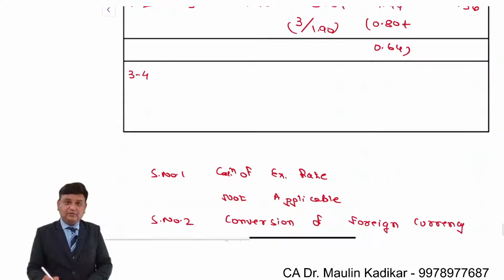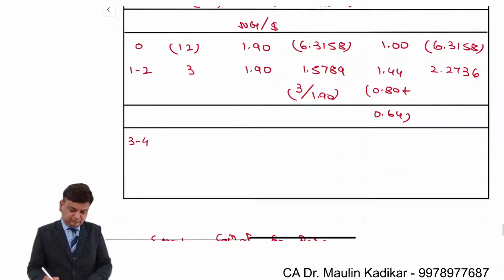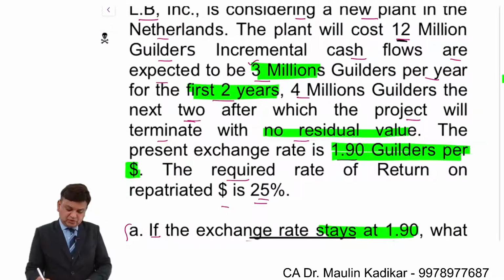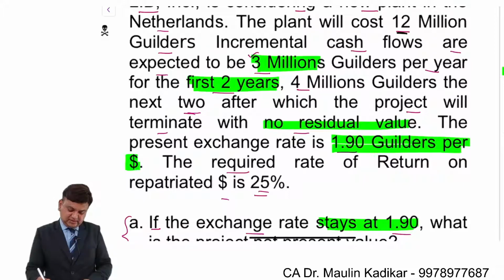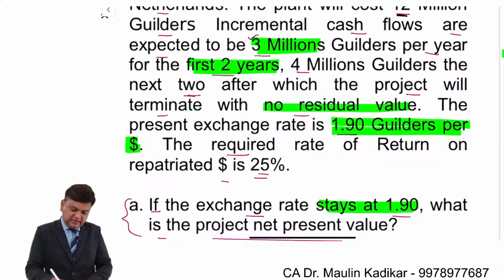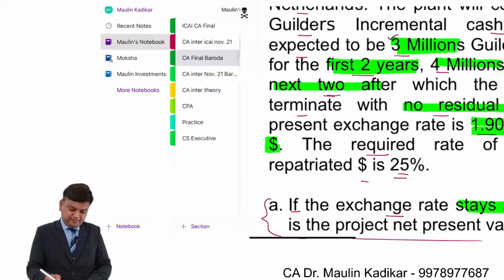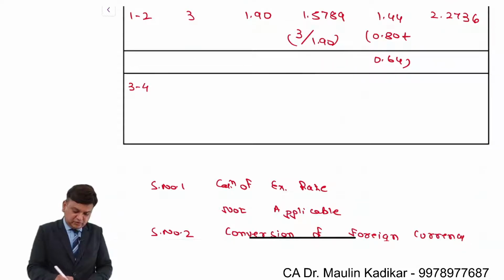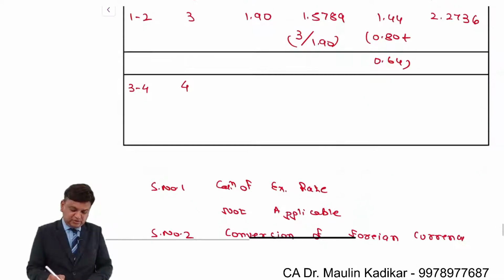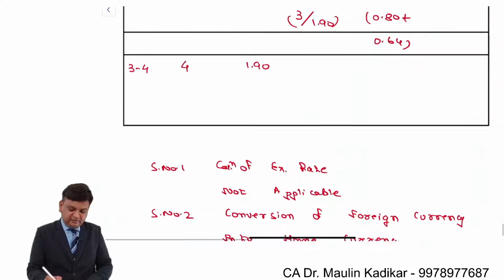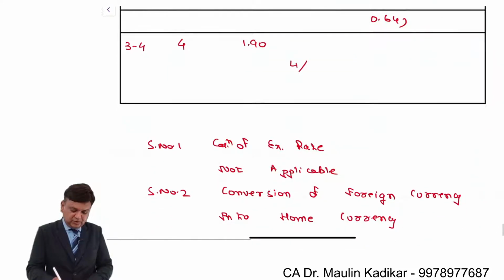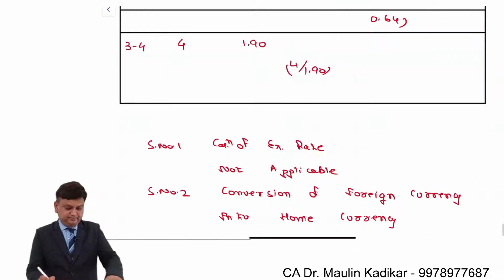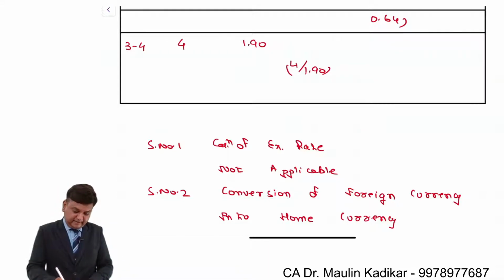For the third year and fourth year, cash flows have been provided to us as 4 million guilders for the next 2 years. So 4 million guilders for the next 2 years. The exchange rate is same 1.90. 4 divided by 1.9, 2.1053.